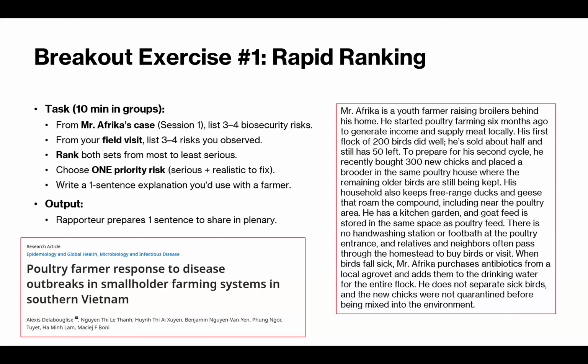Thank you. The highest risk we were able to identify is the influx of a large number of people coming into the farm without appropriate measures like hand washing and foot baths.